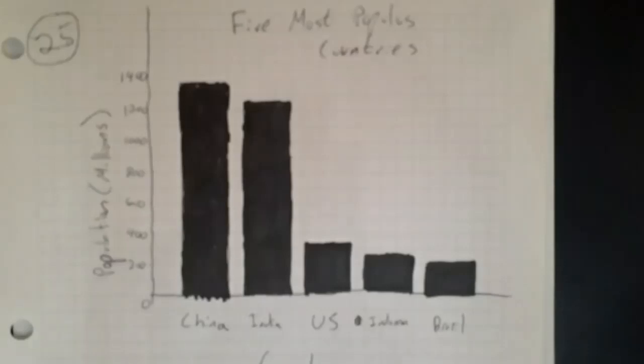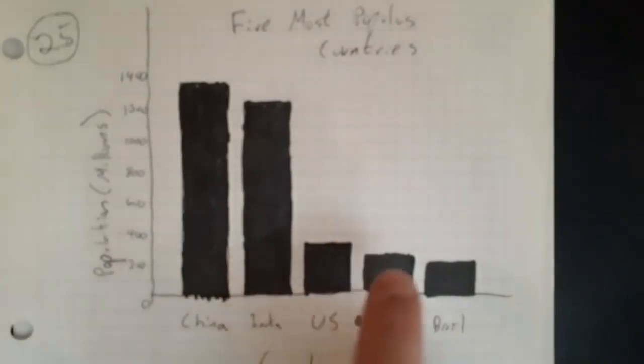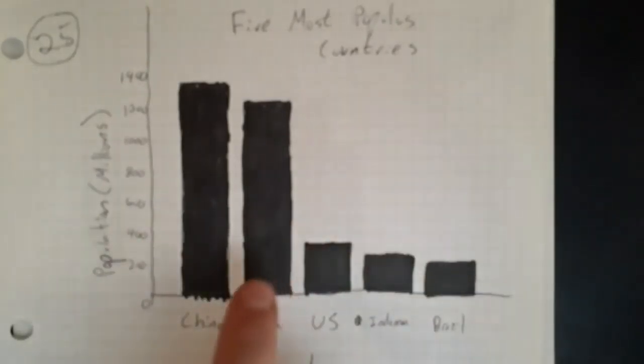I said it, and I'm going to say it again: these bars aren't touching. If we were to put these bars together, it wouldn't make a whole lot of sense. This is not a continuous line here. It's divided into different categories. And that's one of the differences between a bar chart and a histogram. When do we combine them and when do we separate them?